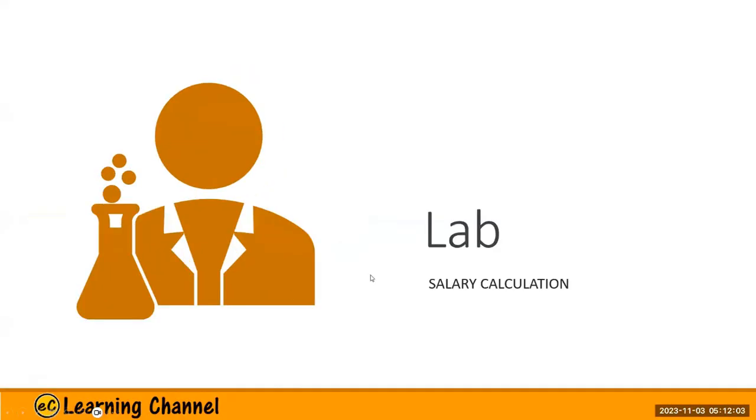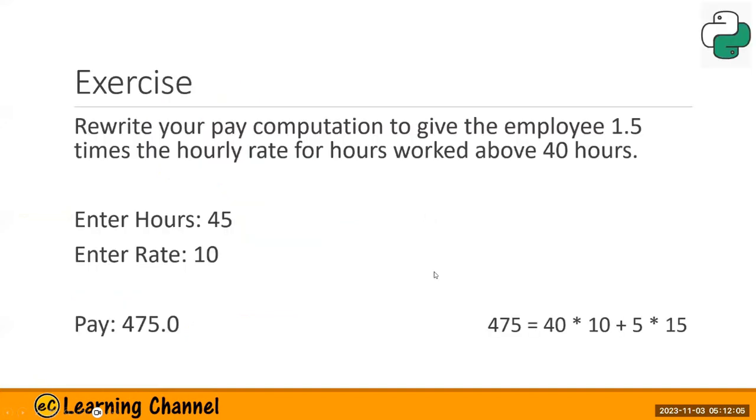This lab is the calculation of salary. If you enter 45 hours, enter the rate 10, you calculate the total amount of money you need to pay. So it will be 40 times 10 plus 5 times 15.